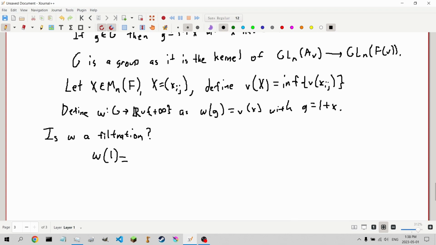Well, in that case, x is going to be 0, which by how the ultrametric works, is going to be v of 0, positive infinity. And of course, we also have that omega of every element is going to be strictly greater than 0.